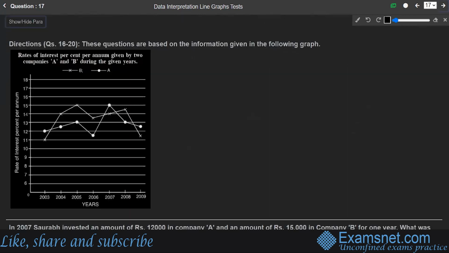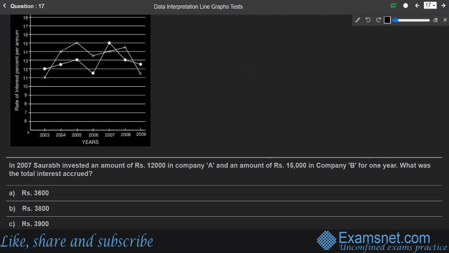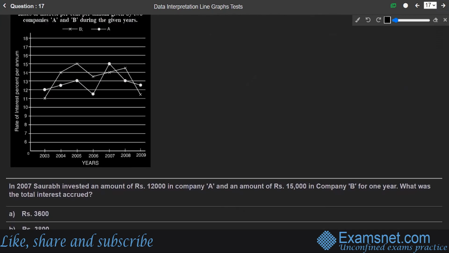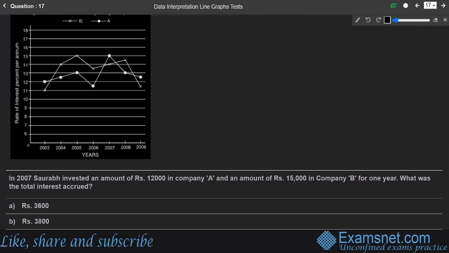Okay. Now, for the same line graph, we have a different set of questions. The question says, in 2007, Saurabh invested an amount of 12,000 in company A and an amount of 15,000 in company B. Both things are happening in 2007.